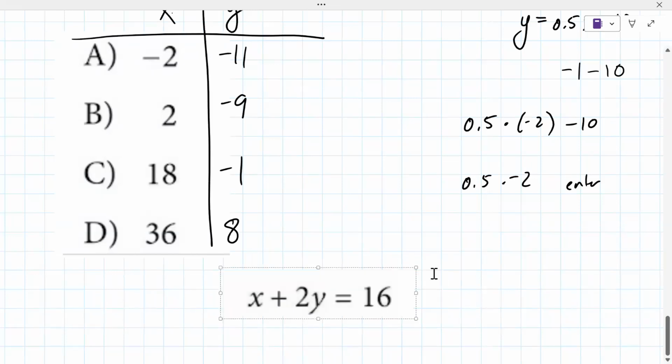You got X and then Y. Which of these is the correct answer? C. Very good.